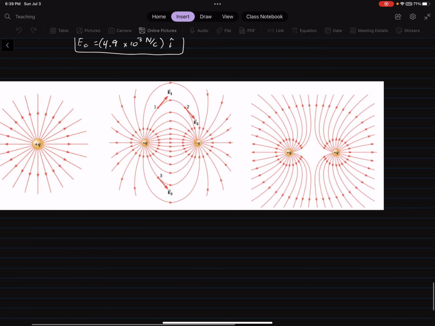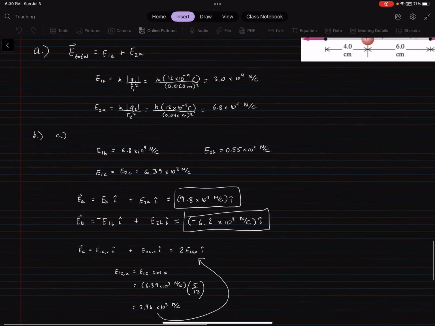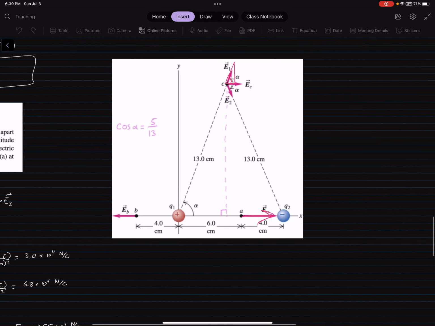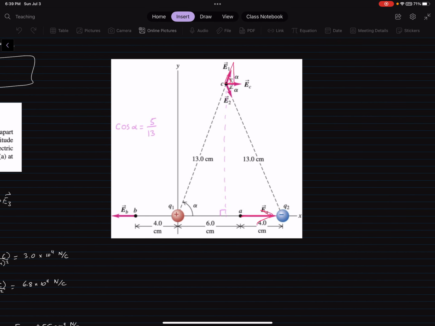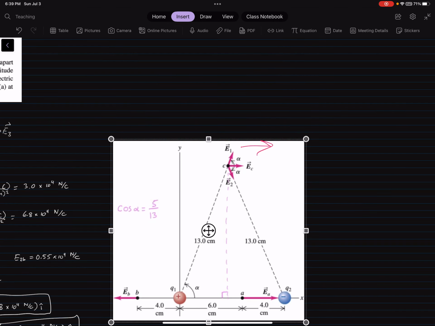But if you have a positive and a negative, this is the electric dipole situation that we had before, you have electric field lines pointing from positive to negative, and they end up taking these curved paths that you see. So this is not dissimilar from the problem that we just went through, right? And so if you wanted to draw the field lines of this, it would look very similar.